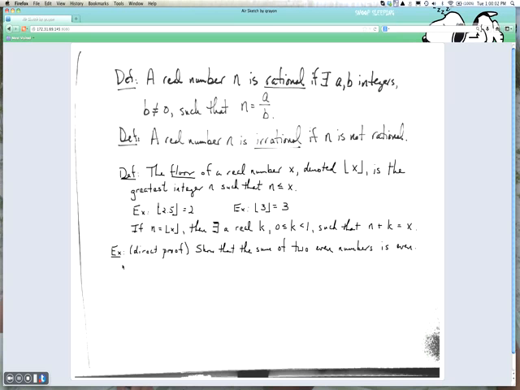Okay? You can do this directly by saying, okay, let's have two even numbers, and let's write them in the even number format that we talked about just a little bit ago. Maybe something like m and n.